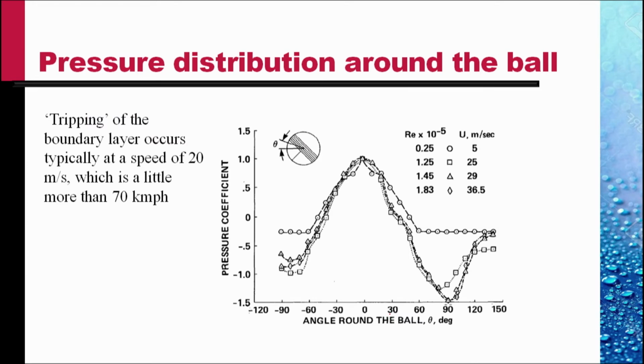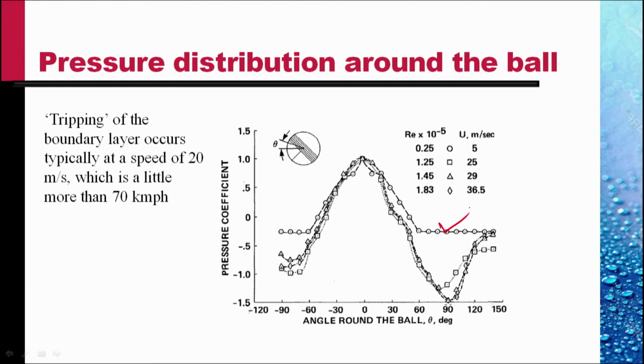Here are shown some measured pressure distributions around the ball at various Reynolds numbers and various velocities of the ball. At 5 meters per second, the Reynolds number is 0.25 into 10 raised to the power 5. And this is the picture.